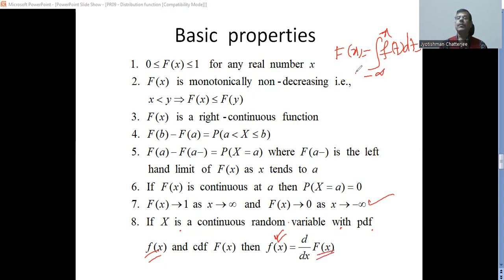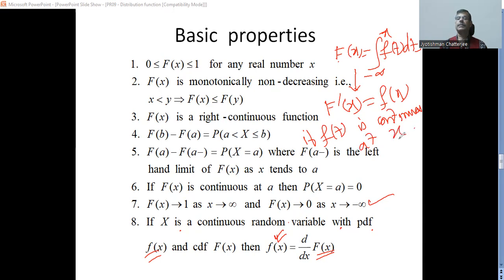Actually, it follows from the second fundamental theorem of calculus, because that says that if capital F is given by this formula, then the derivative of capital F will be the same as f_X wherever f(t) is continuous at x. So that's why we get this part.